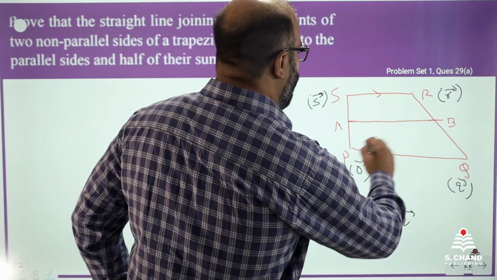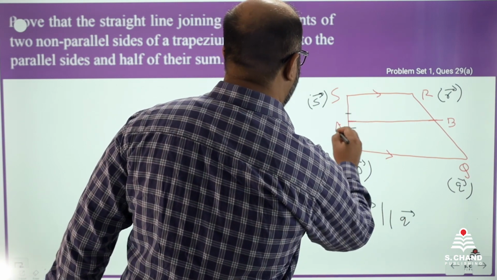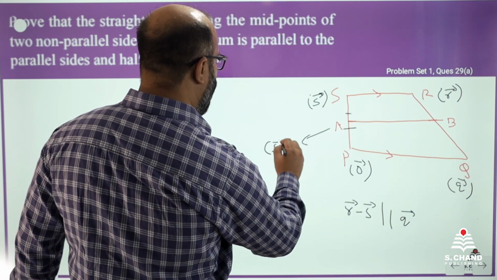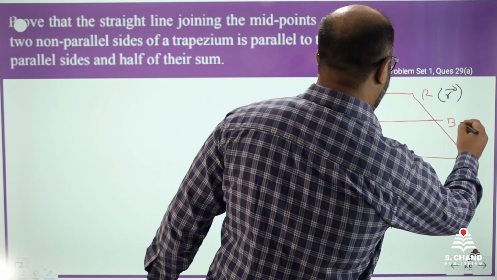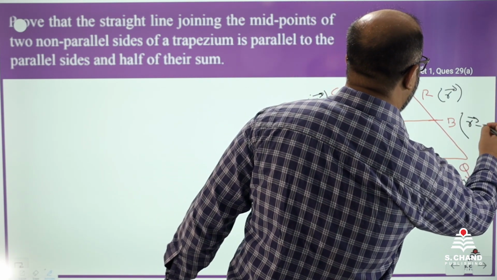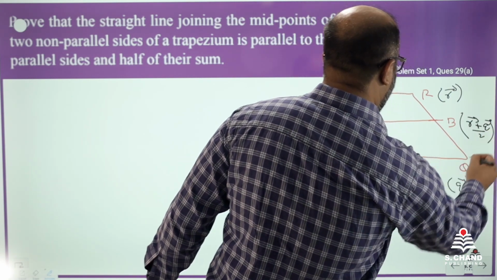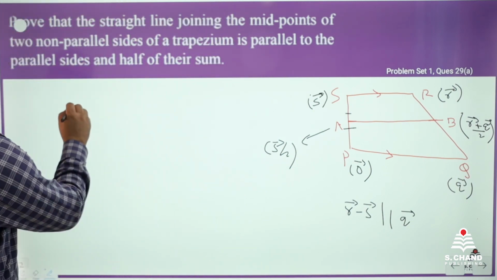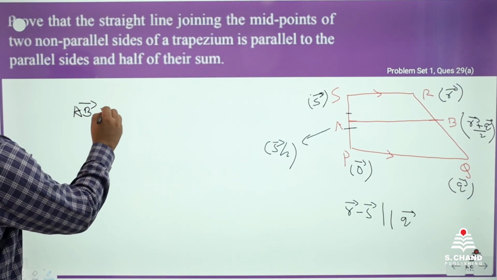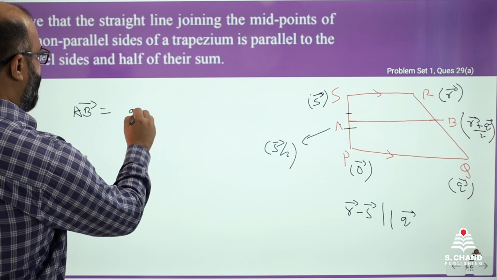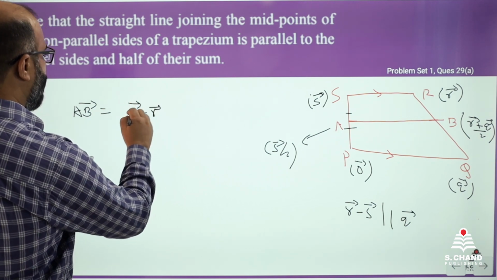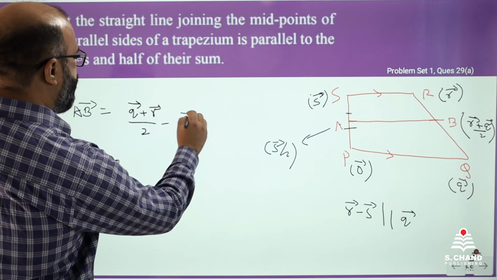Now this AB vector, so this is the midpoint, so A vector can be written as s by 2, and this B vector can be written as (r plus q) by 2. So if we talk about AB vector, this AB vector is equal to (q plus r) by 2 minus s by 2.